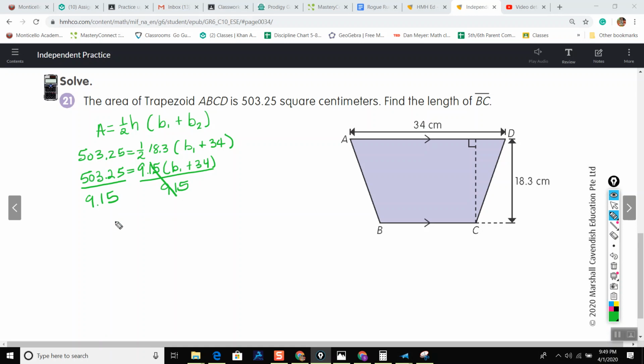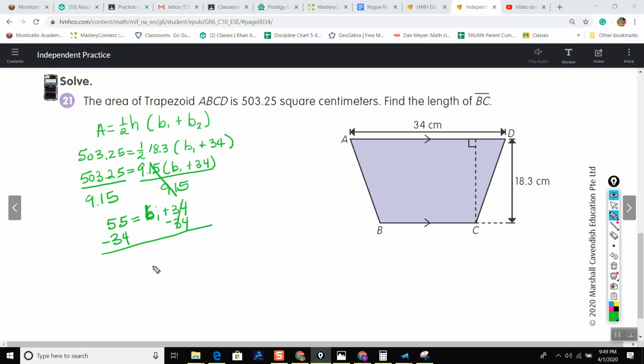So if I divide this, I get 55 is equal to, and I don't need the parentheses anymore, base 1 plus 34. Now to get base 1 by itself, I just have to subtract 34 from both sides, right?